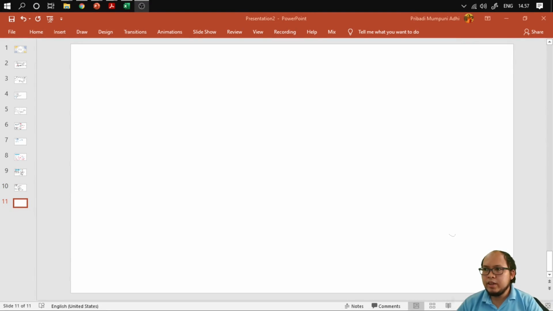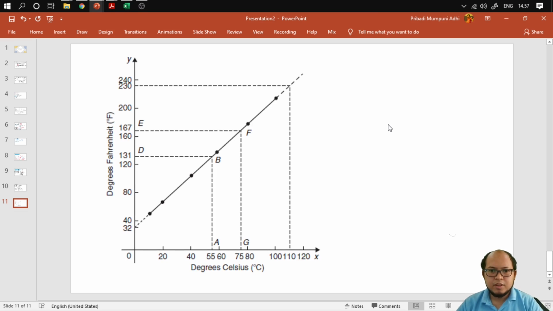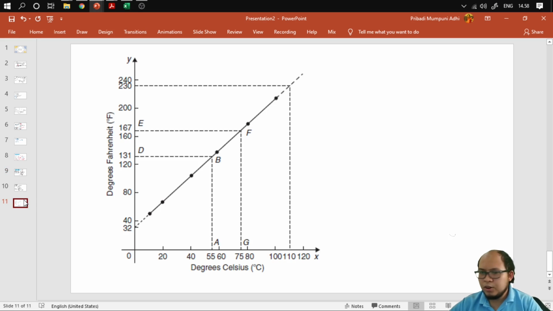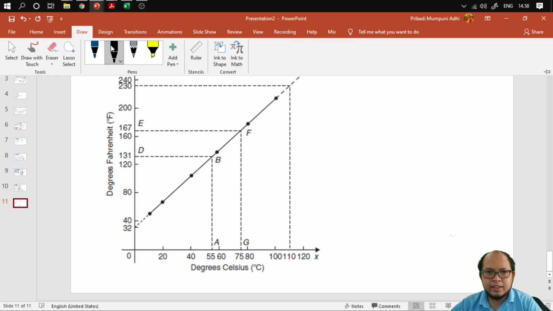Okay, if we try to make a graph, we will have a graph something like this. So this is the graph of the relation between the degree Celsius and the degree Fahrenheit. So first, from the equation, the degree F when the C is 55 is represented at this point.